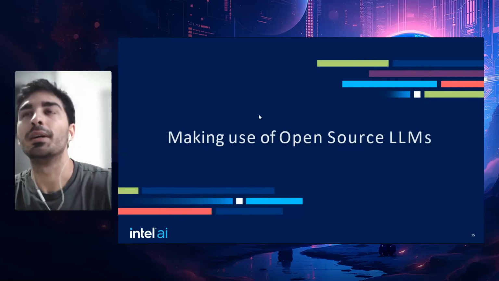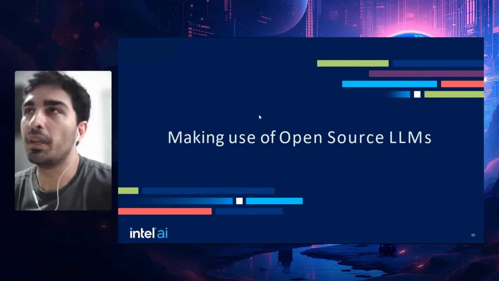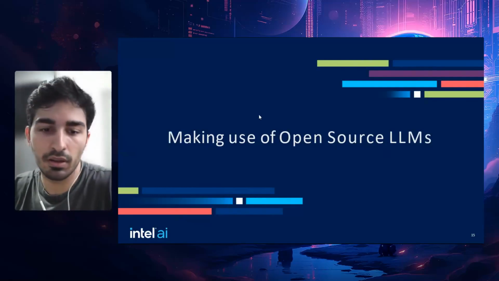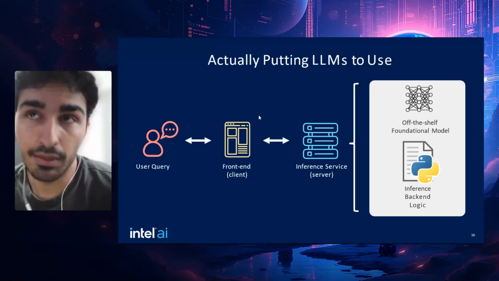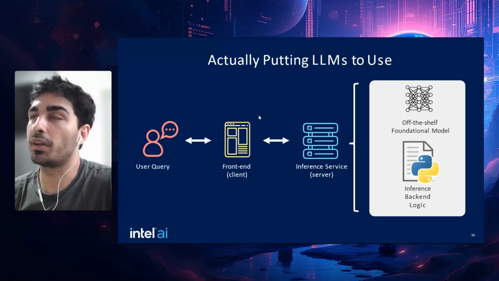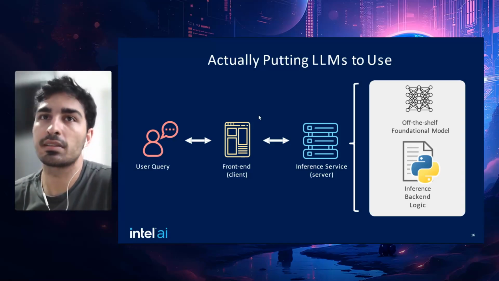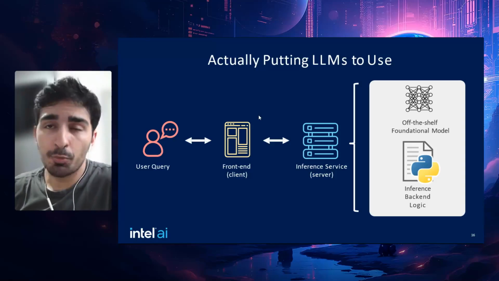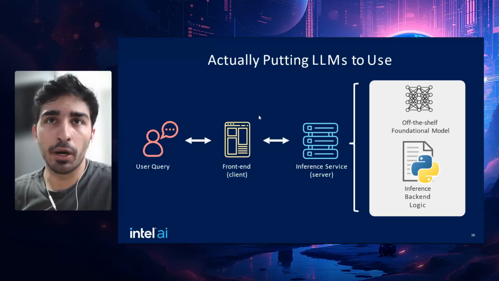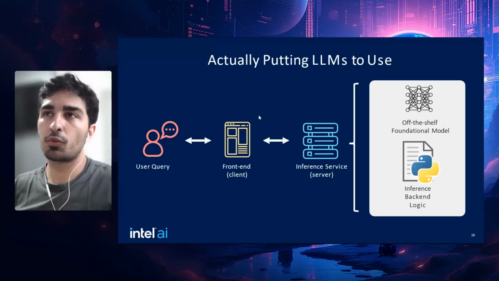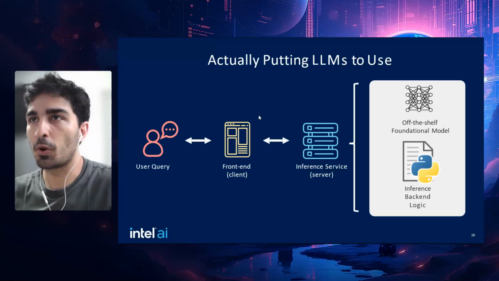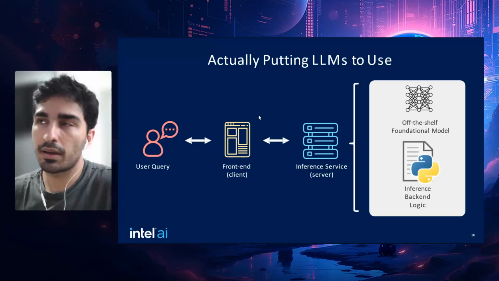We're gonna touch some of the theory of making use of the open source LLMs. So basically the idea here that we're going to use as the architecture is we are going to provide a query as a user. We're going to send this through the front end in the client side.